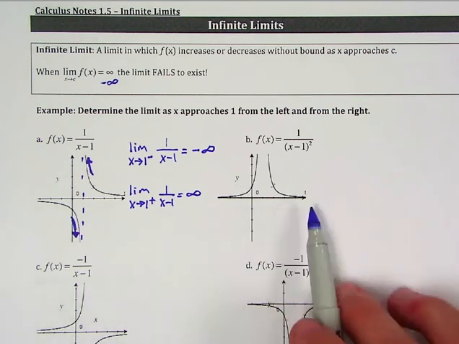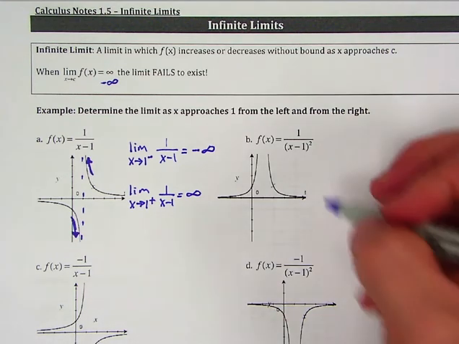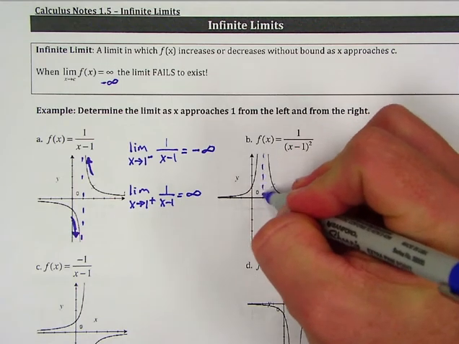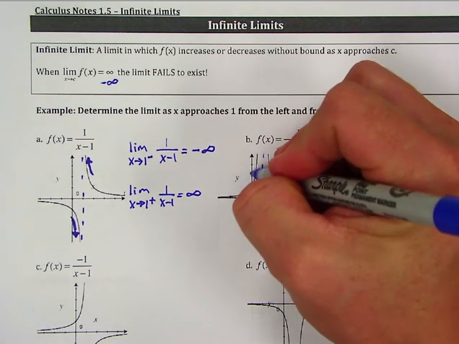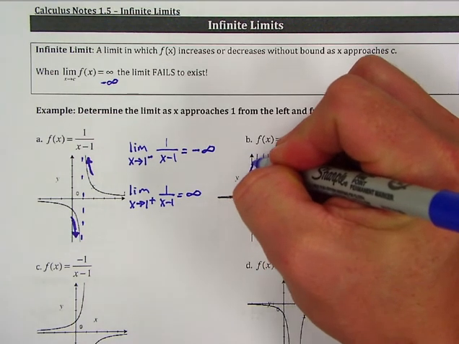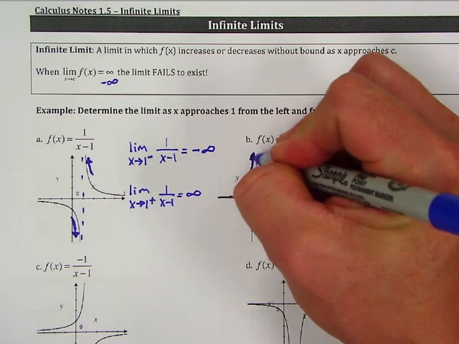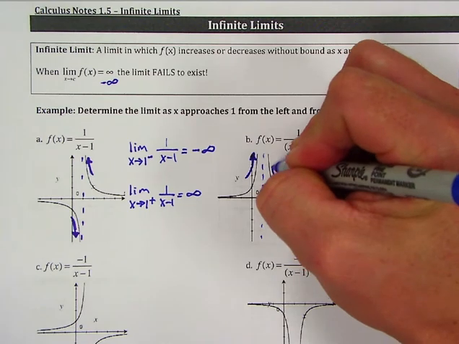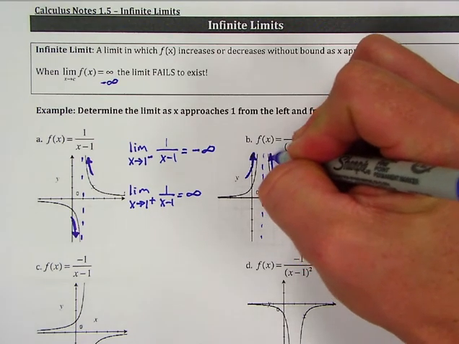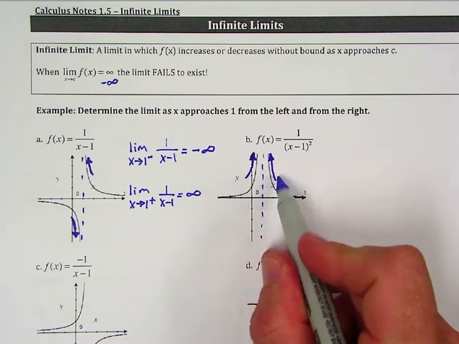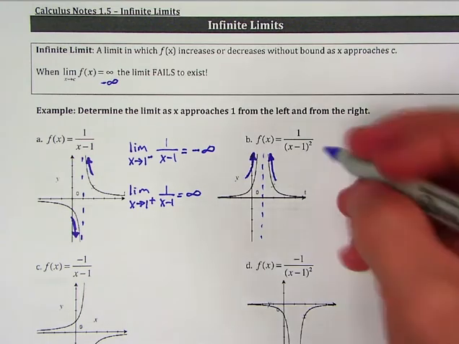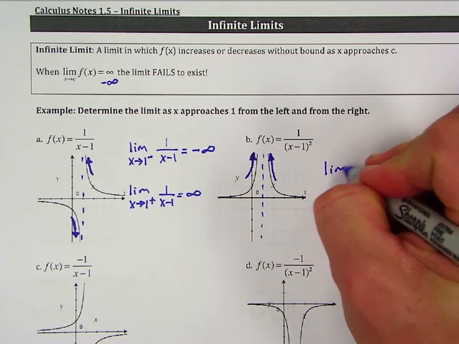All right, let's try number 2. So graphically, here is x equals 1. And this function from the left is increasing without bound, and the function from the right is also increasing without bound. So when they're both going to infinity, we only have to write one limit.